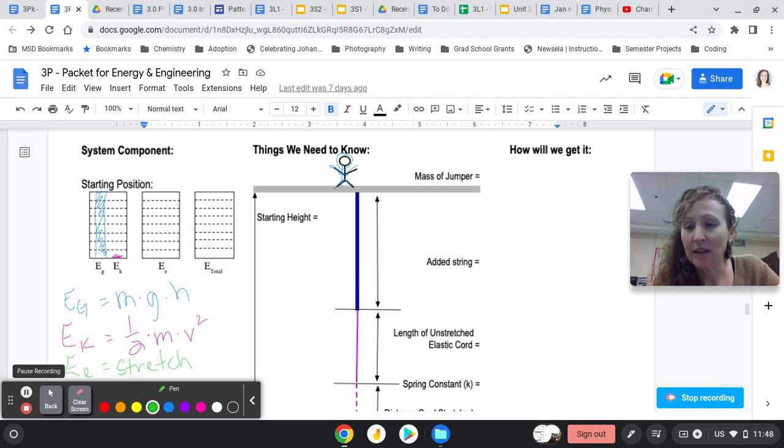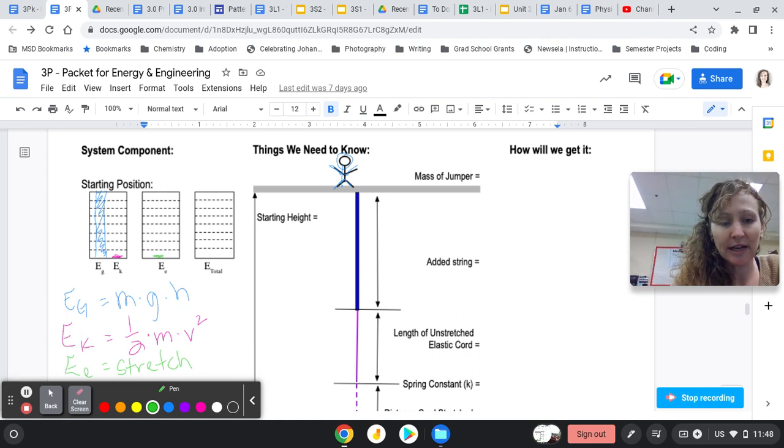And since at the beginning, our cord's not stretched at all, our jumper has no elastic energy, or our cord has no elastic energy. So our total energy in this case is all gravitational energy. It's completely made up of gravitational energy. So energy total equals energy gravitational.